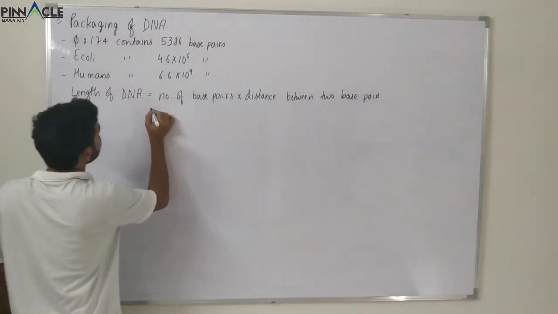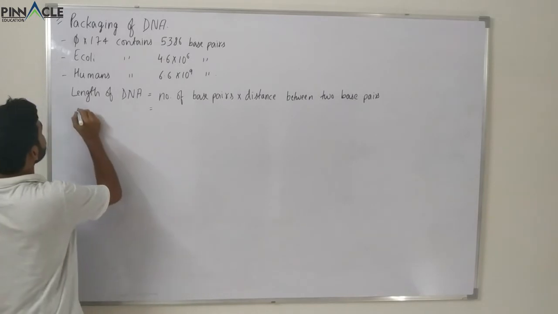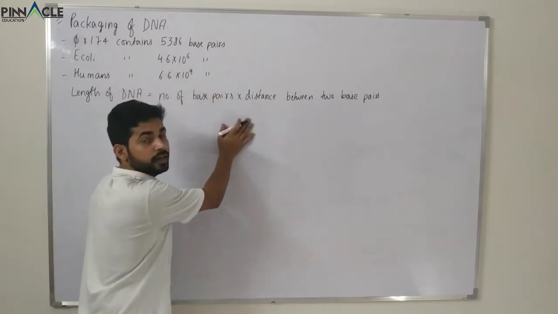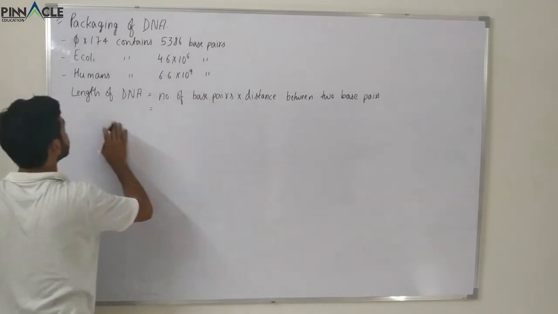Here, if we talk about the length of human DNA, that will be this number multiplied by 3.4 nanometer.